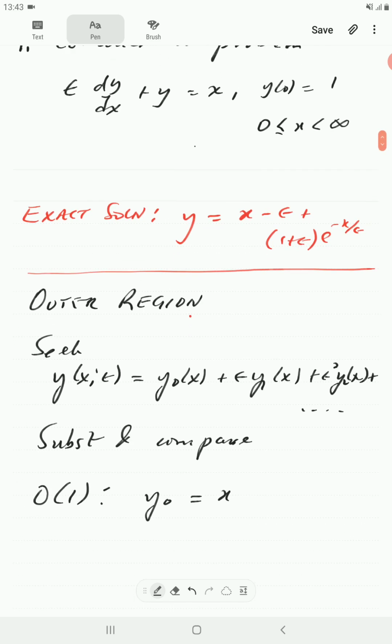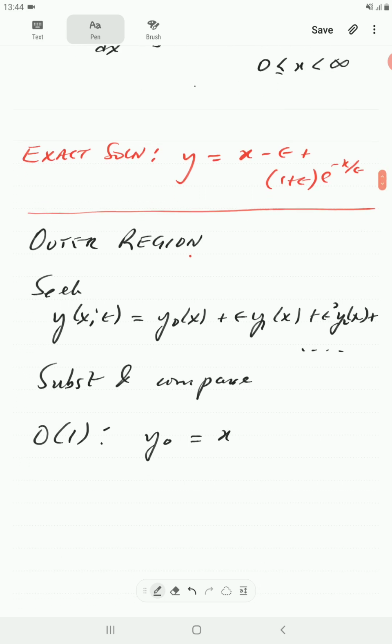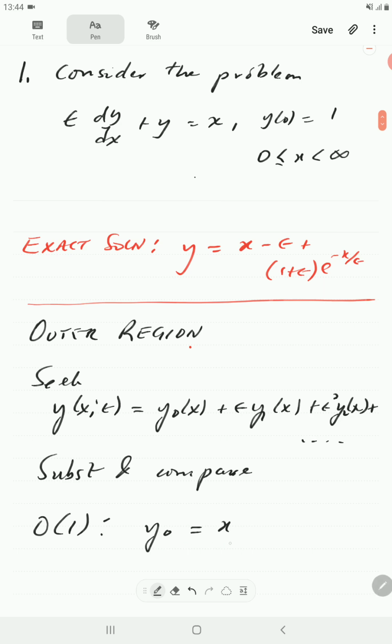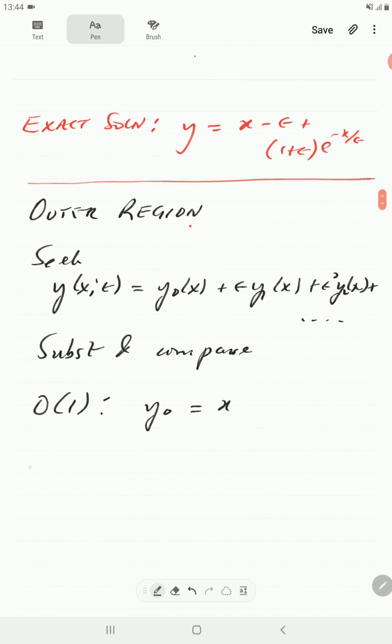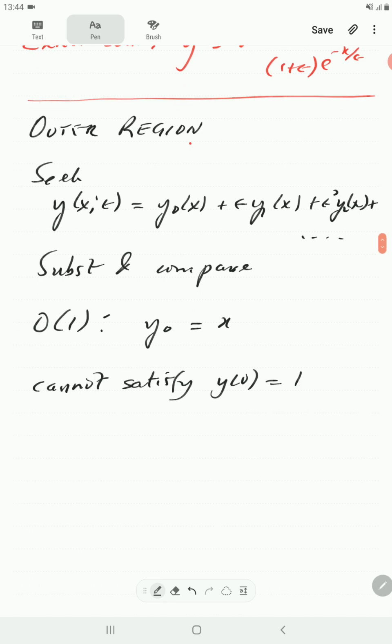You're going to notice that the original problem is a first-order ODE, while this one is actually an algebraic equation, which is a characteristic feature of singular perturbation problems. As a consequence, this cannot satisfy the condition that y equals 1 when x equals 0.